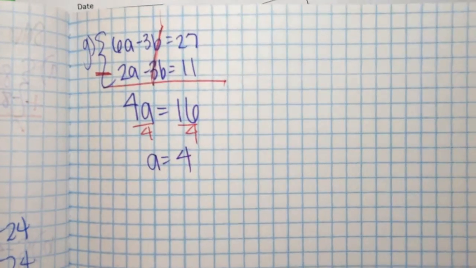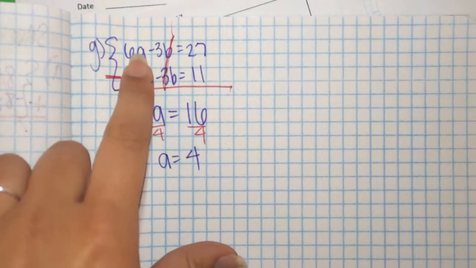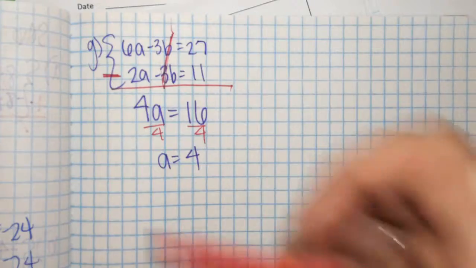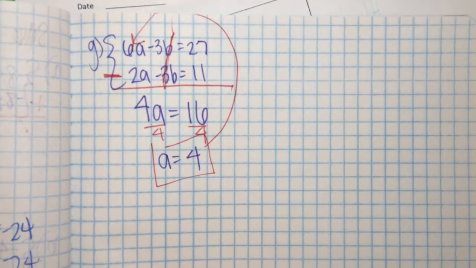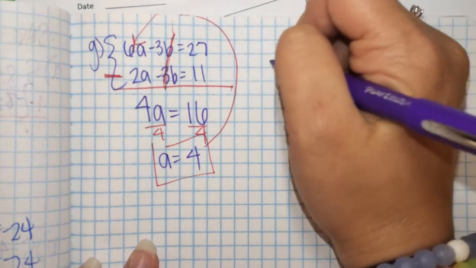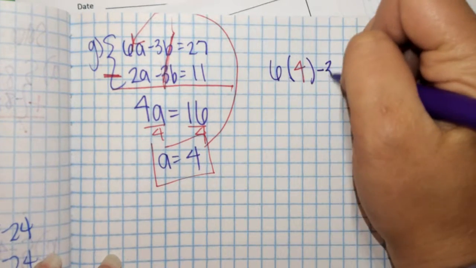Now, I know that we keep getting confused. So are we going to plug 4 in for A or for B? For A, because it says A equals. Now, what's in front of the A? 6 times 4 minus 3b equals 27.